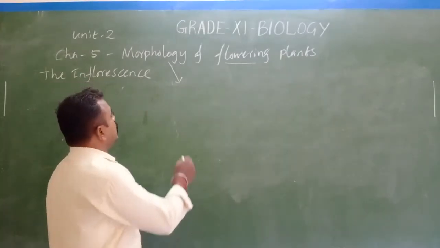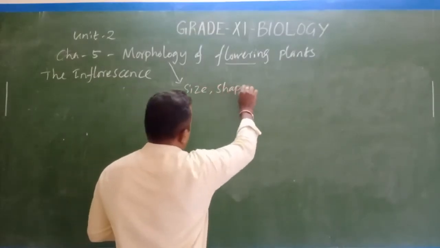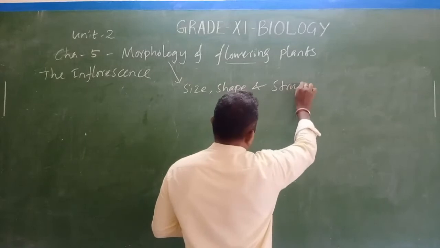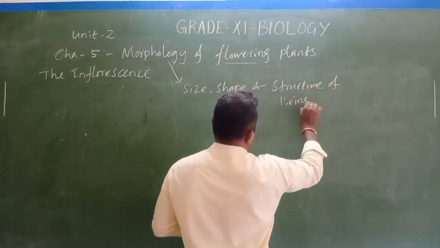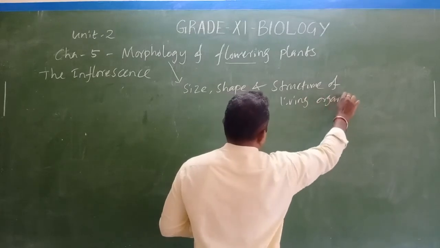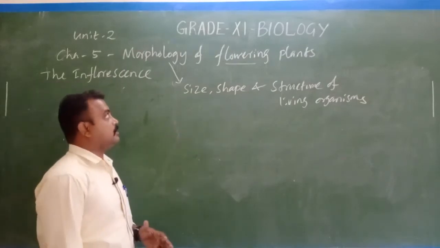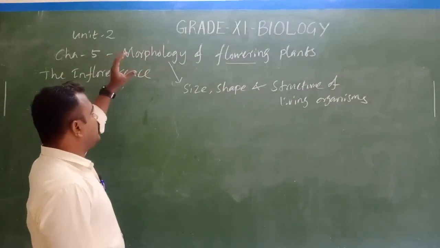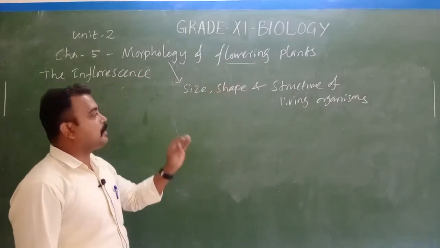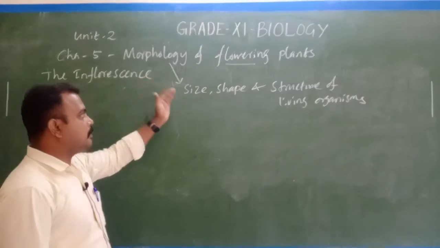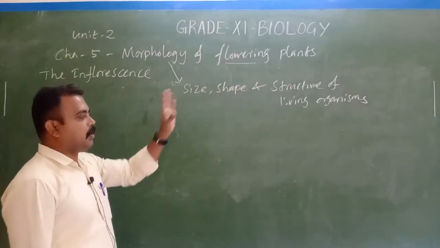Morphology means studying the size, shape and structure of living organisms. That is morphology. But in this lesson we are going to see the size, shape and structure of flowering plants, that means the flower.